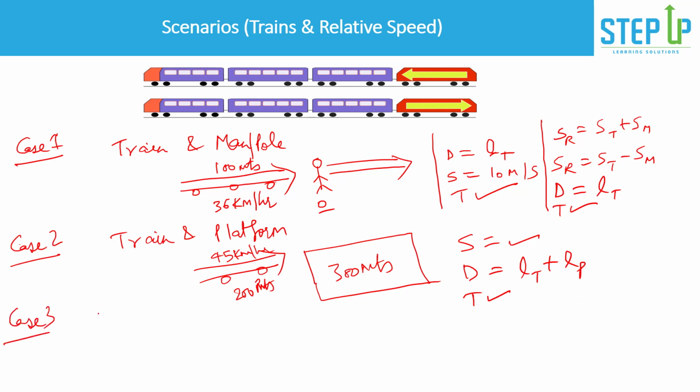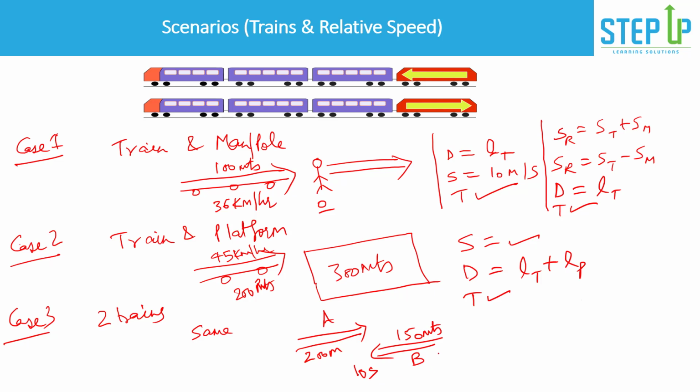Case 3 is when they say there are, let's say, 2 trains. One is, let's say, the case of same direction. So in same direction, let's say there's a train A and there's a train B. Now if, let's say, this is 200 meters long, the other train is, let's say, 150 meters long, and they say they take, let's say, 10 seconds to cross each other, right?